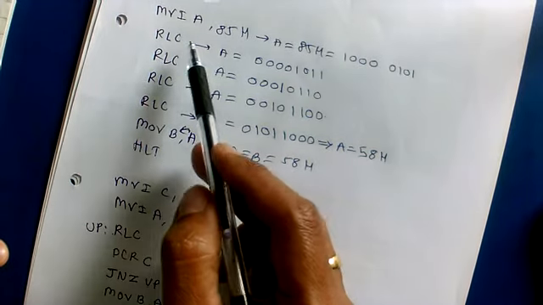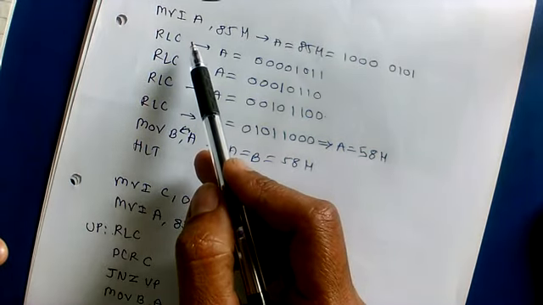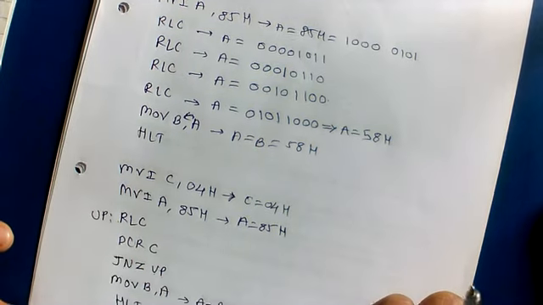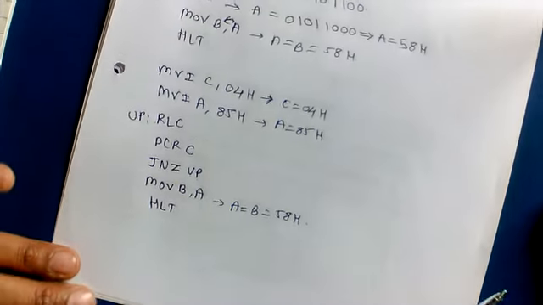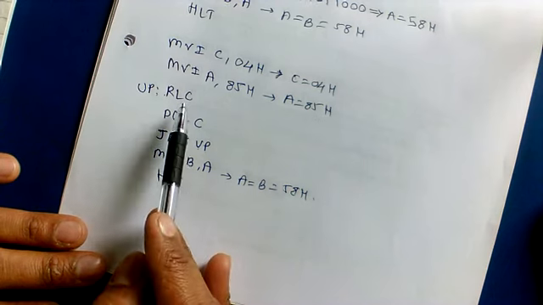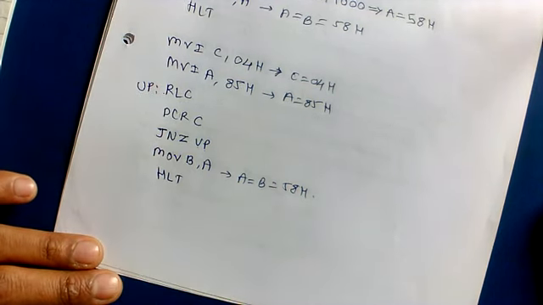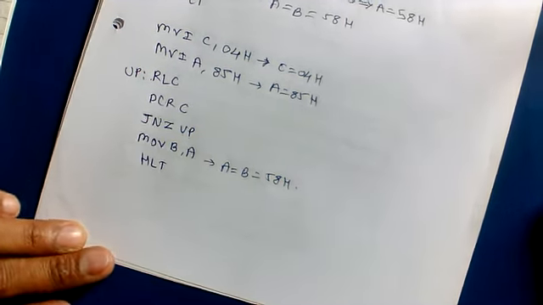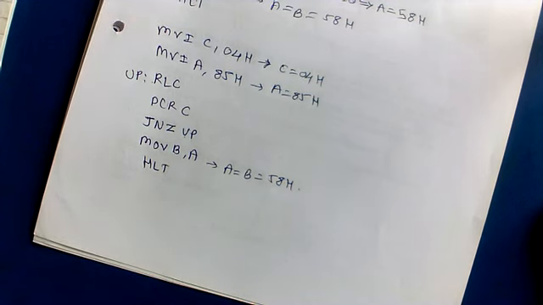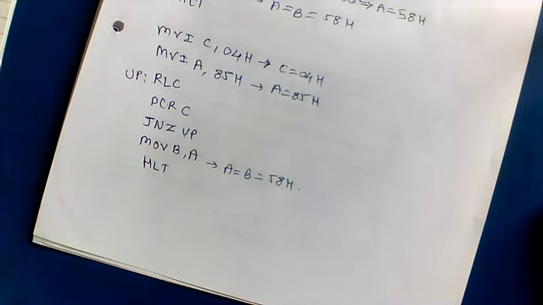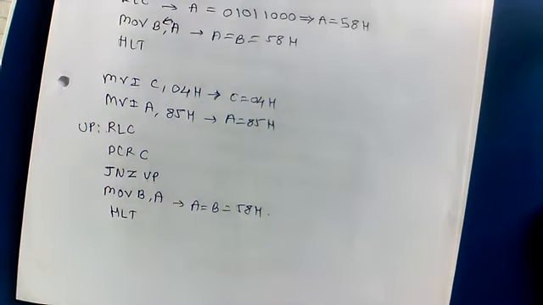First, the straightforward way, that is writing RLC instruction 4 times, and second, by using looping concept. Okay, so we will stop here. In the next video lecture we will execute these programs on simulator and we will cross check the results.